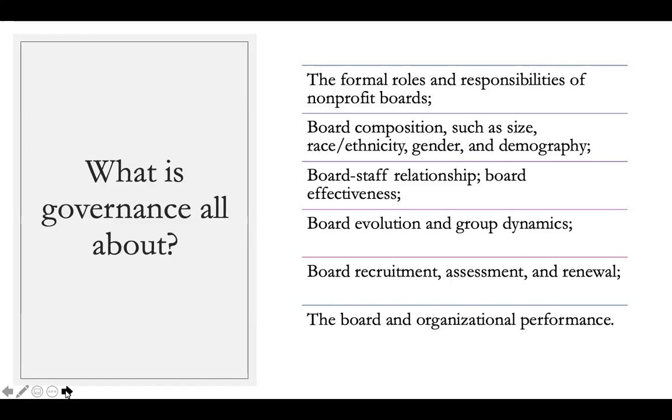We're looking at the board staff relationship, the effectiveness of the board, evolution and group dynamics, board recruitment, assessment and renewal, and the board and organizational performance. How does the board influence, or what effect does it have on organizational performance? So without even going any further, I can assume that these would be issues of substantial interest to your organizations.